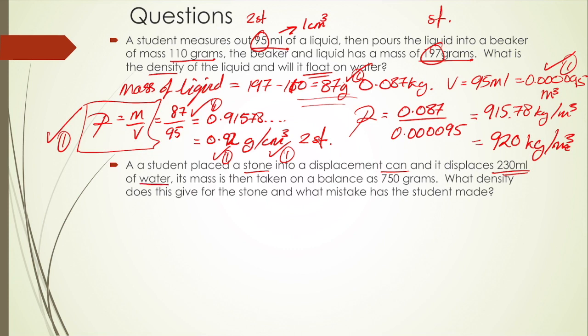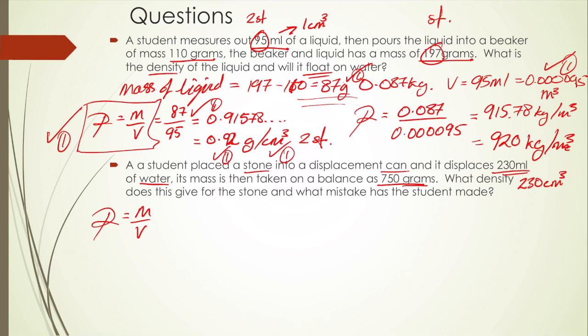So again, a millilitre equals a centimetre cubed, so that's 230 centimetres cubed. Its mass is then taken on a balance at 750 grams. What density does this give for the stone, and what mistake has the student made? So let's have a look at the density first. Rho equals mass over volume.